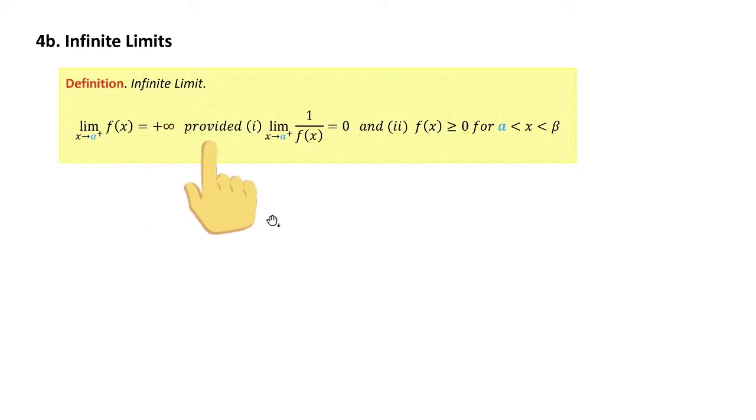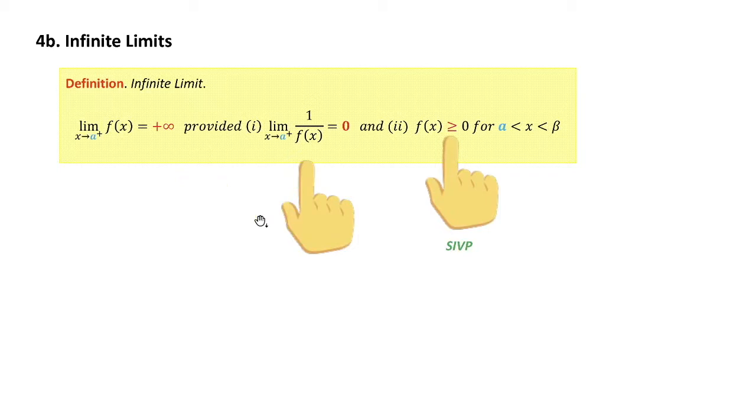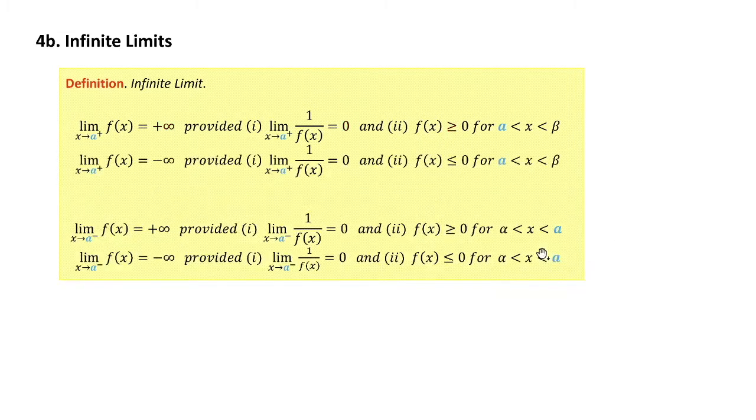So again, this is what we're going to talk about, right? We flip over the y variable, in effect go to 0, and then we have to check the sign, intermediate value property. And they're just all the cases. Again, you can come to A and go positive or negative. You can go to A from the other side, from below, and go positive and negative. And you just have all the corresponding cases here.